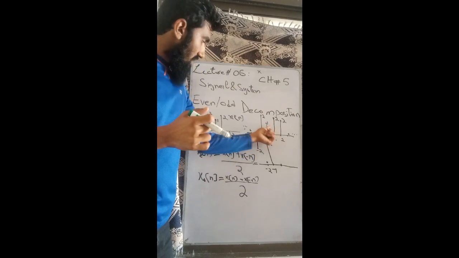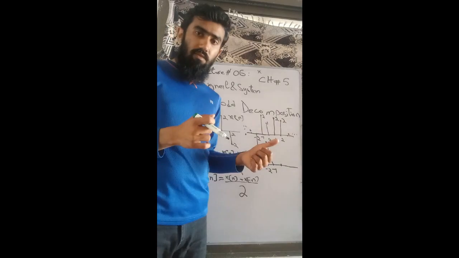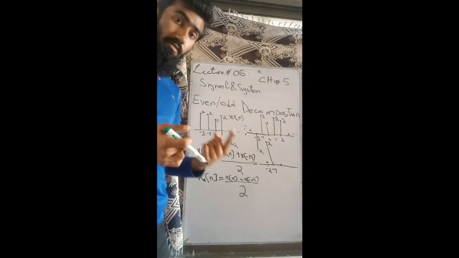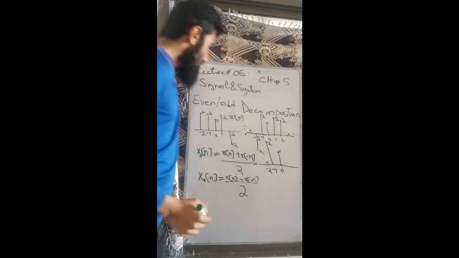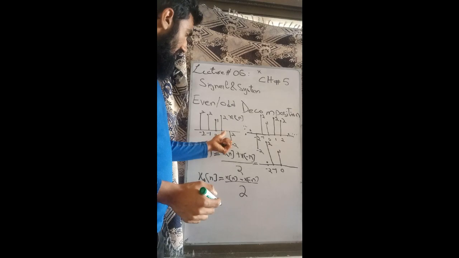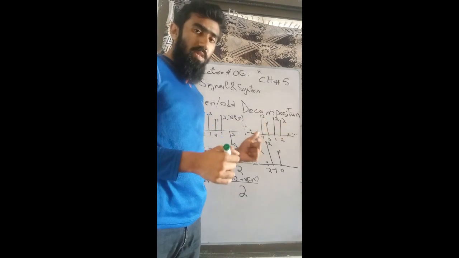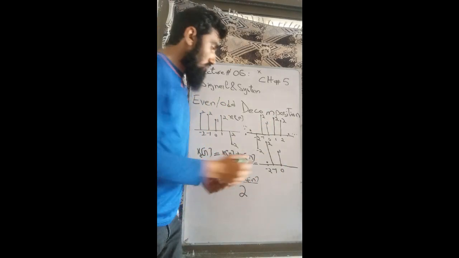Now at 0 we have 1 and 1. So 1 plus 1, what will we get? 1 plus 1 is 2, and dividing by 2 again we get 1. So at 0 we have 1. Likewise at 1 we have 2, and at 1 we have 2. 2 plus 2 is equal to 4, and dividing by 2 we again get 2.